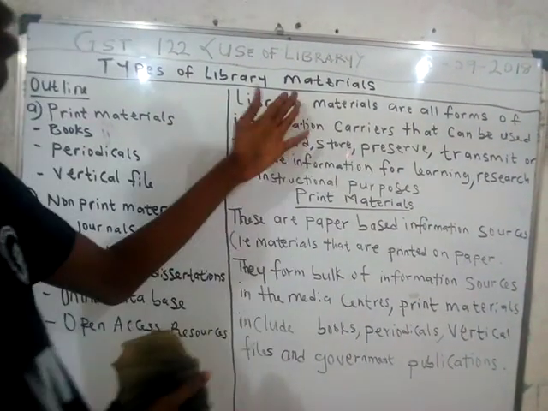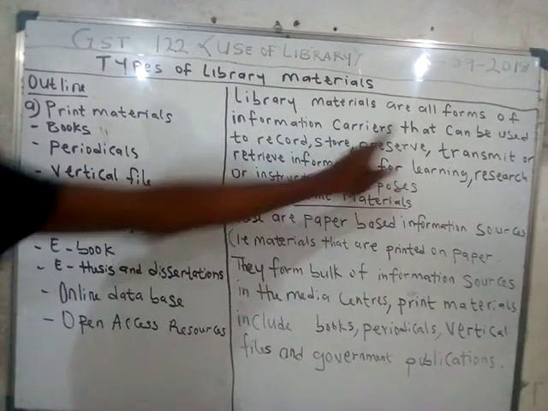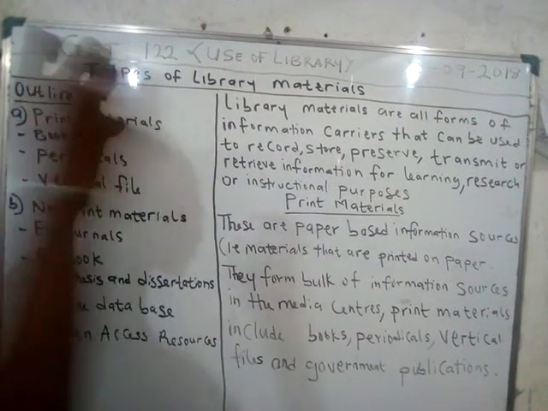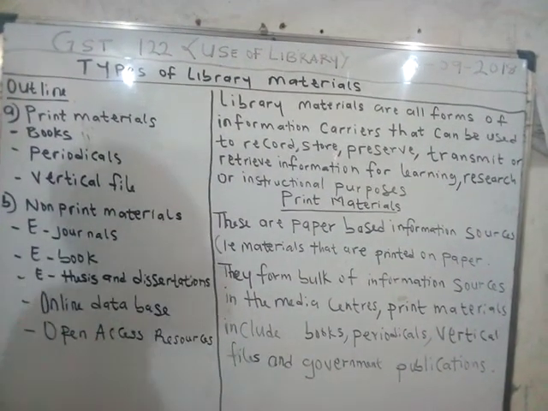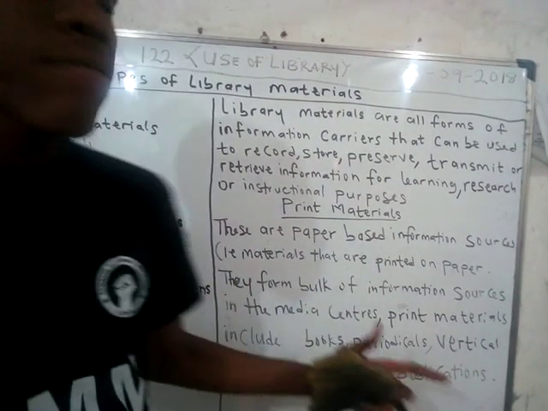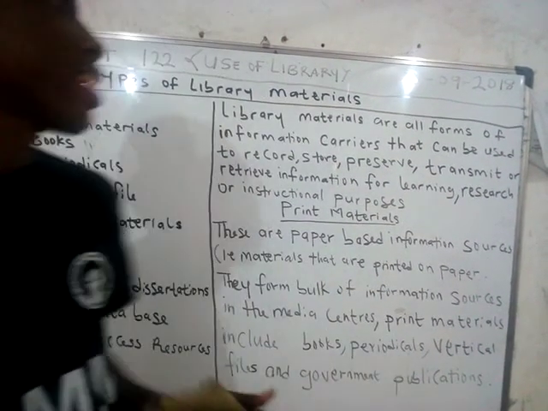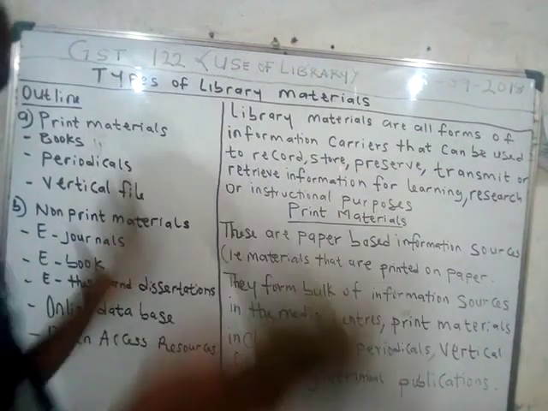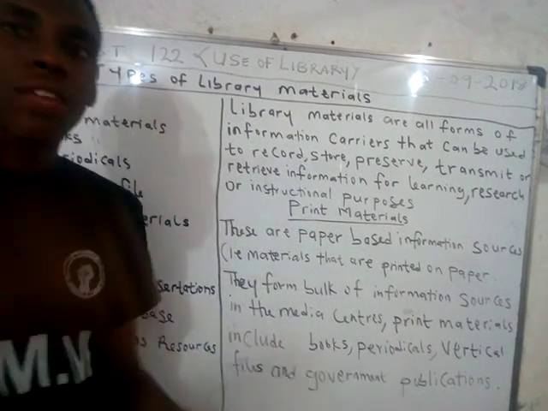Now, what are library materials? From our definition here, we said library materials are all forms of information carriers that can be used to record, store, preserve, transmit, or retrieve information for learning, research, or instructional purposes. A library material, they say, is all forms of information carrier.